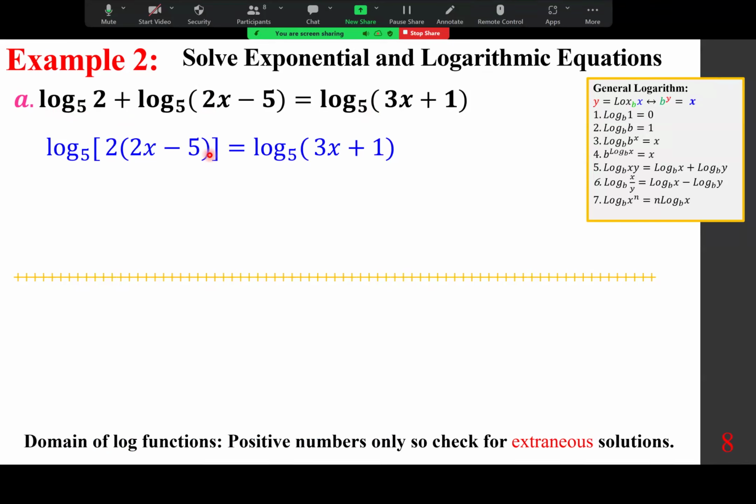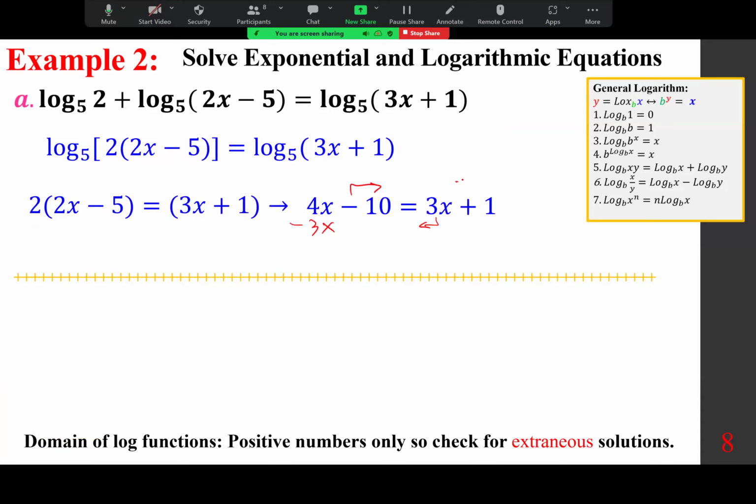Because they have the same base 5, they must have the same argument. So 2 times 2x minus 1 must be the same as 3x plus 1. And this one is 4x minus 2. This is 3x plus 1. Move things around, and x becomes 3.